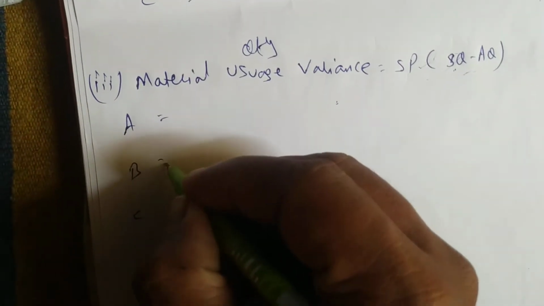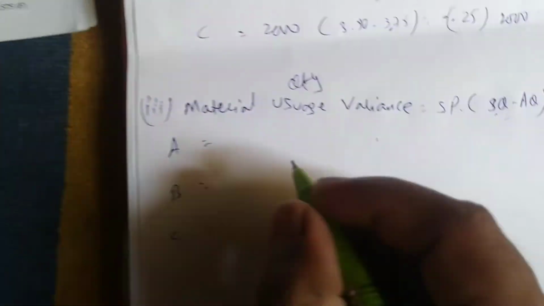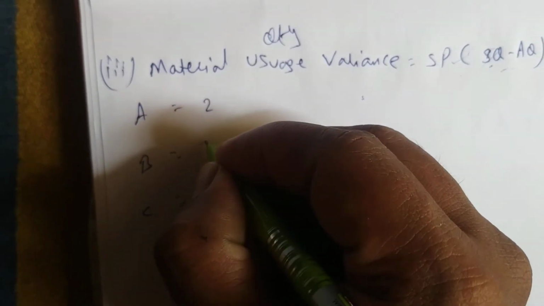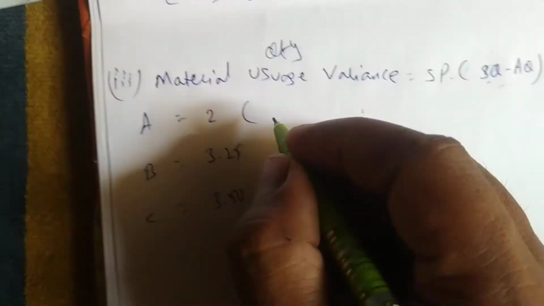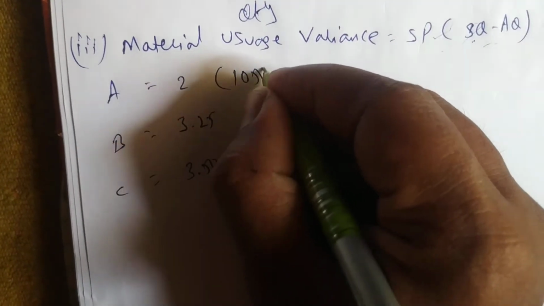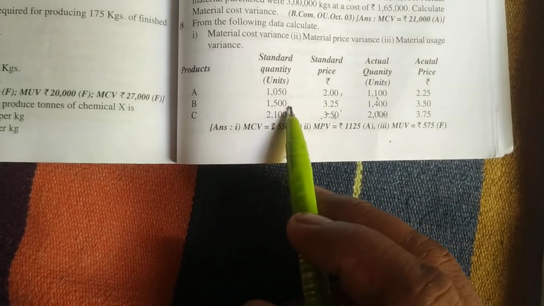Let me write: A standard price is 2, B is 3.25 and C is 3.50. Standard quantity is how much? A is 1050, actual 1100. Next B is how much? 1500, actual 1400.